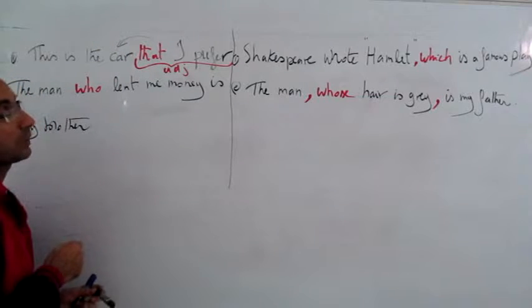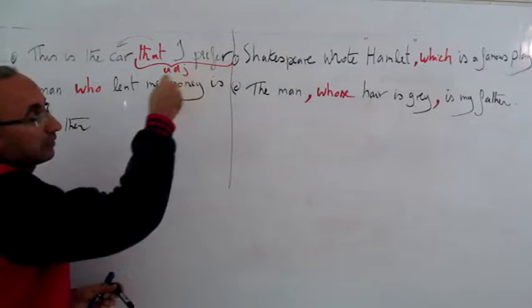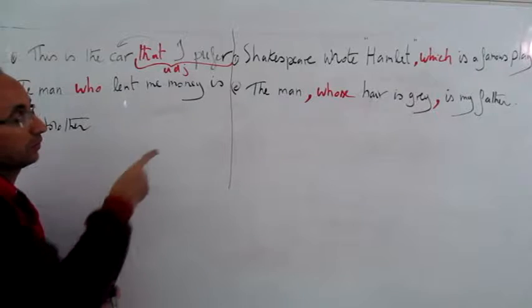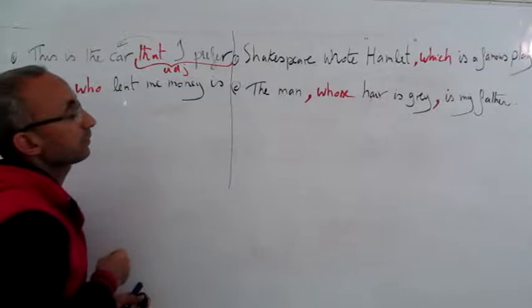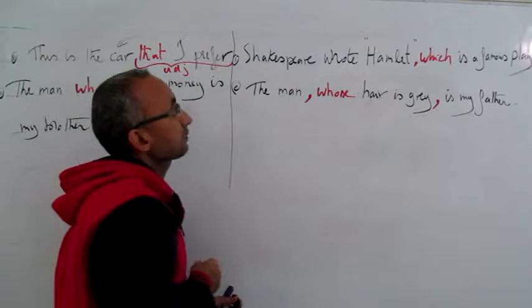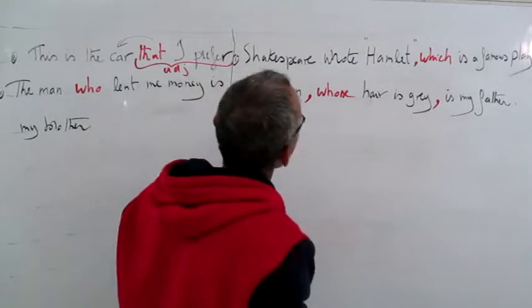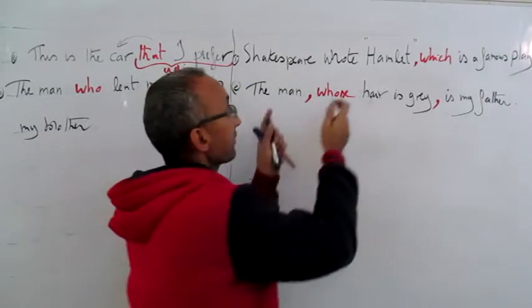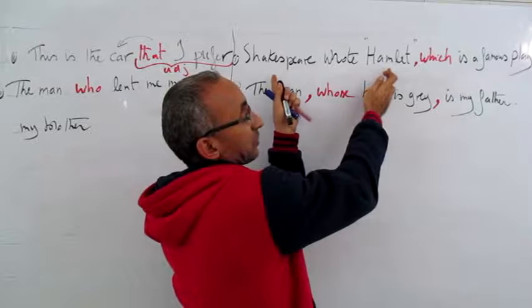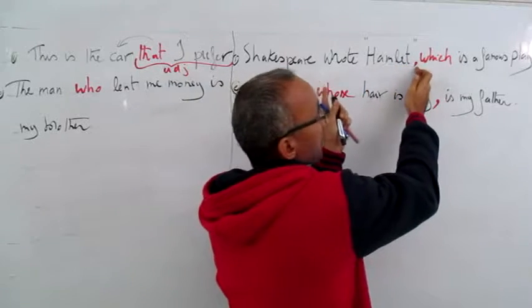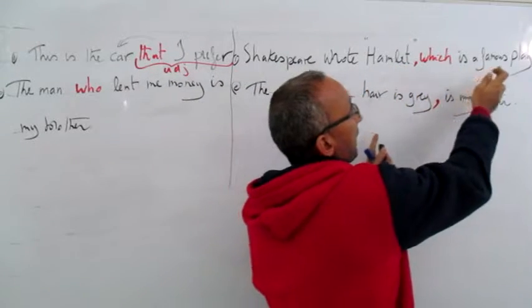Now let's compare it with the other example next to it. Shakespeare wrote Hamlet, which is a famous play. Here I have an independent clause, then a comma, then which is a famous play.